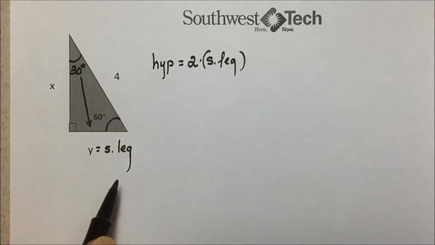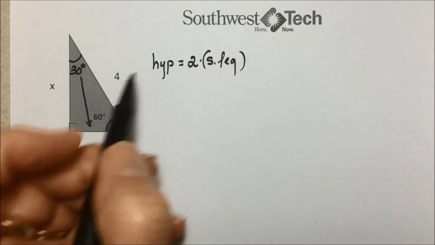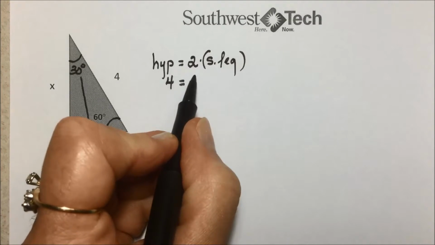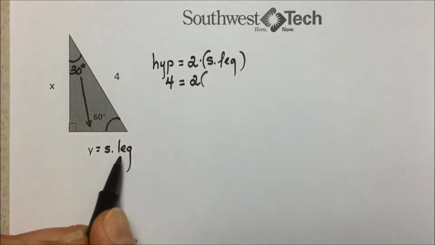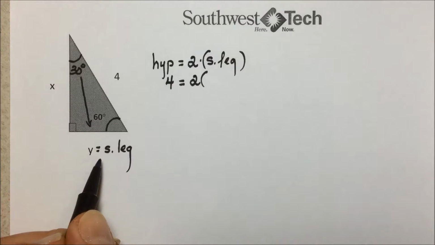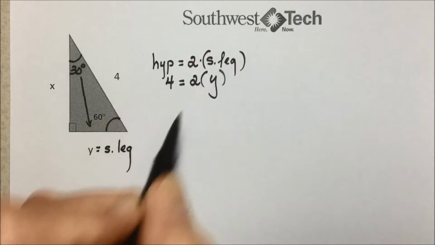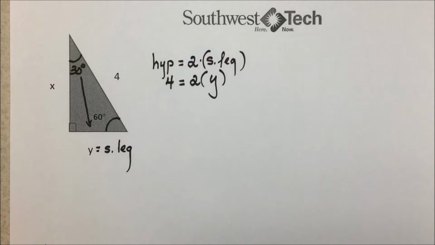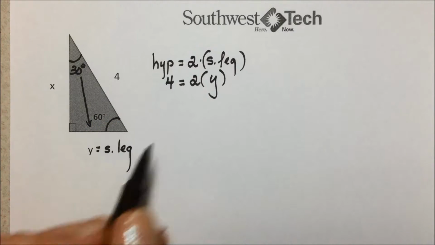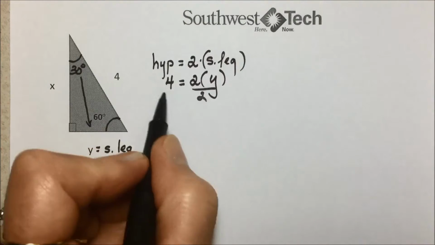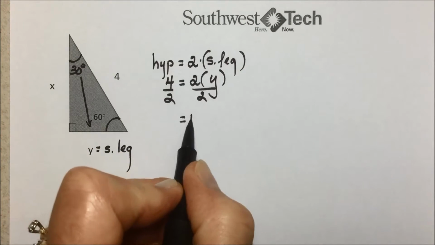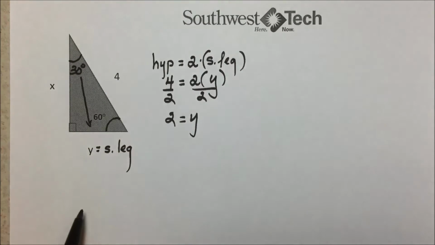If we plug in what we have, we're given that the hypotenuse is 4, 2 is our factor with the relationships of these lengths. In the problem, we're given y for our unknown value for the shorter leg length, and solving this for y, we end up with y has a value of 2.